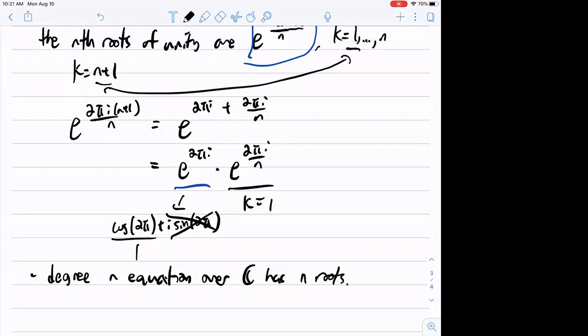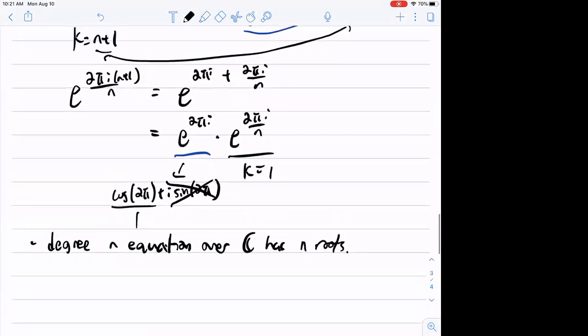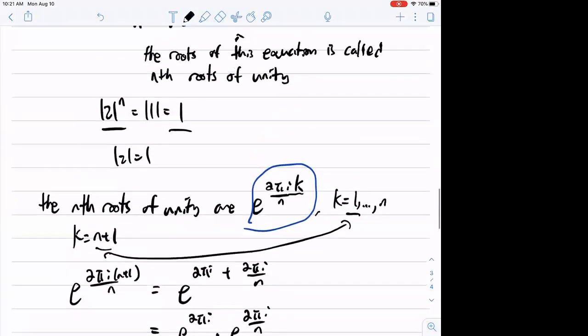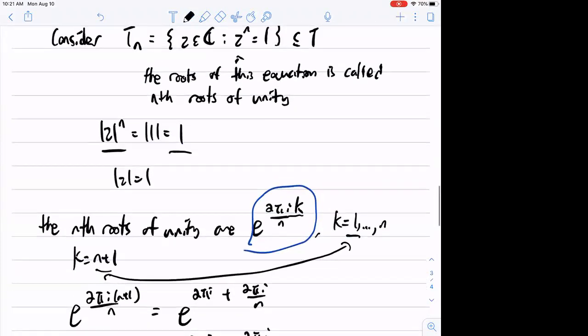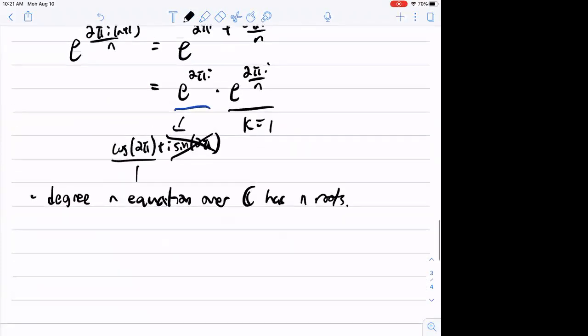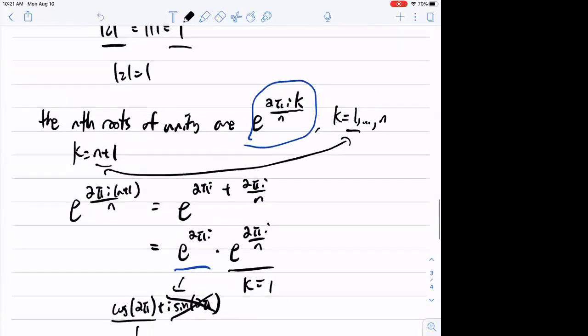Over R, it could have at most that, but you can't have any more. For example, x squared plus 1, the roots are i and minus i, but they're not in R, so there are 0 roots in R, but 2 roots in C. In general, you can only have at most n roots over C for a degree n polynomial equation. So these are all of it.